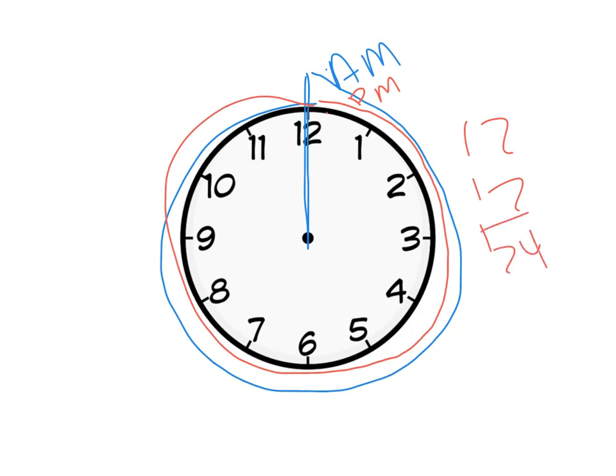So today we want you to understand that we have two different parts of the day. The morning, which is really 12 midnight to 11, and the afternoon, which is really 12 to 11 at night. And you also want to remember that there's 365 days in 1 year.